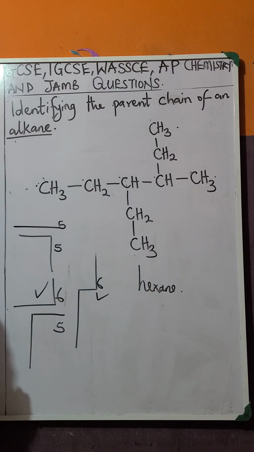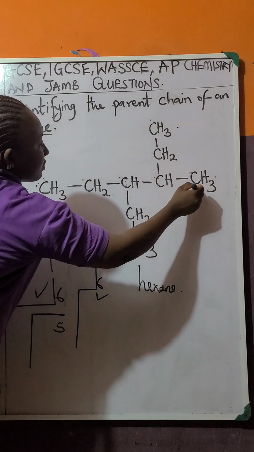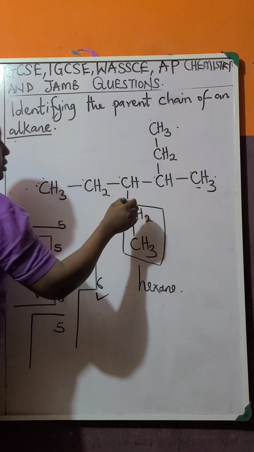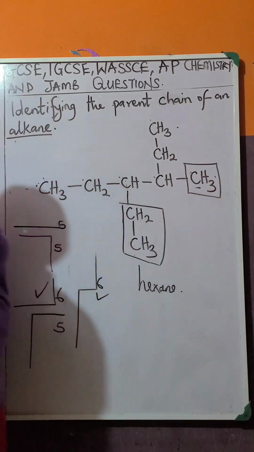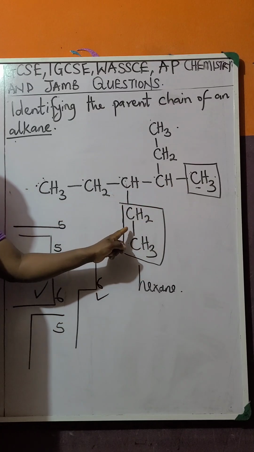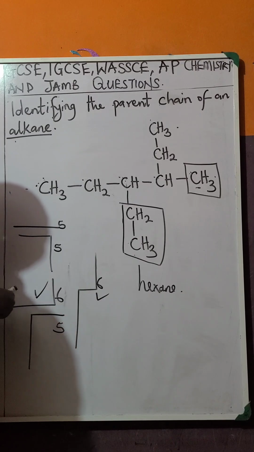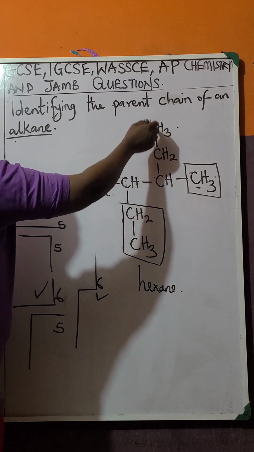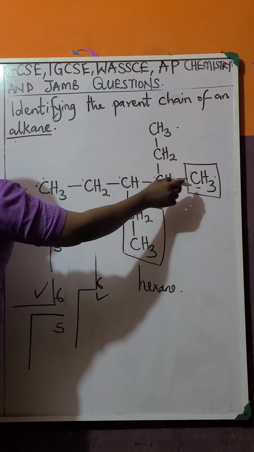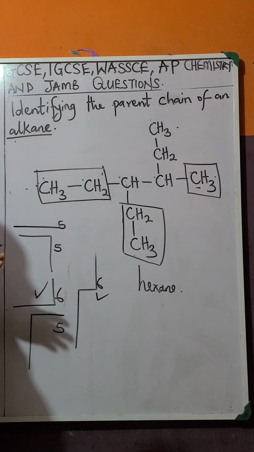If I decide to work with this, from here to here, this methyl group and this ethyl group become substituents. If I decide to work with this second one, that goes like this, then this methyl group and this ethyl group become substituents.